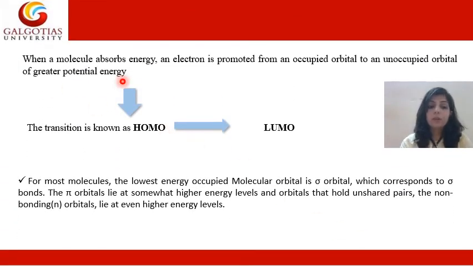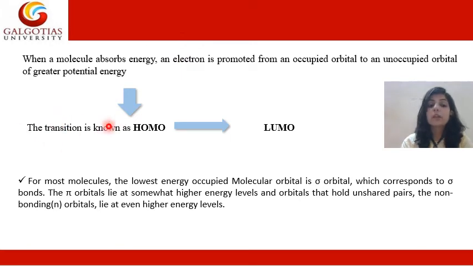Whenever a molecule absorbs energy, an electron present in the ground state is promoted from an occupied orbital to an unoccupied orbital of greater potential energy.